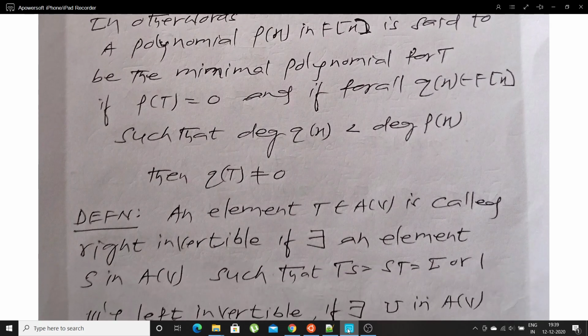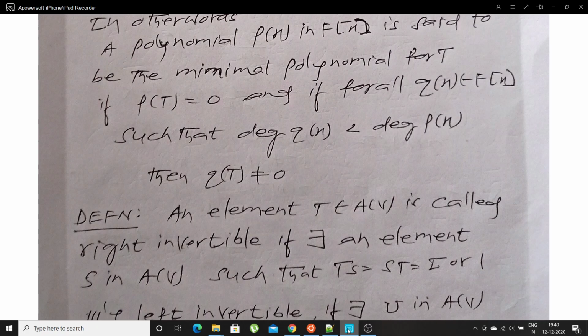Right. Let me define another definition. An element t, what I said earlier, t is an element. Okay, an element t belongs to A(V) is called right invertible if there exists an element s in A(V). Generally we denote the element by small letters, but in algebra of rings, I mean here in the computational linear algebra, we denote the elements by capital letters.